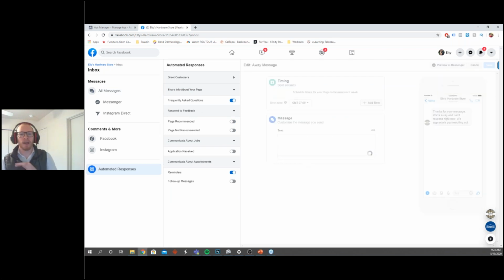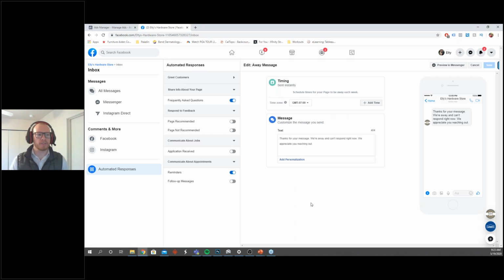So for instance, if they don't click a specific question, they ask something more generic, like, do you sell this power tool? You can have an automated message that says, hey, thanks for your question. We'll have someone reach out to you as soon as possible, so that they know that you got the message and someone should be reaching out.